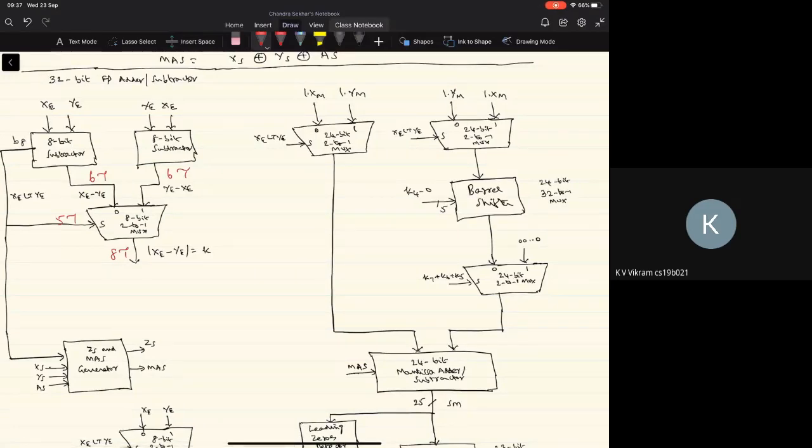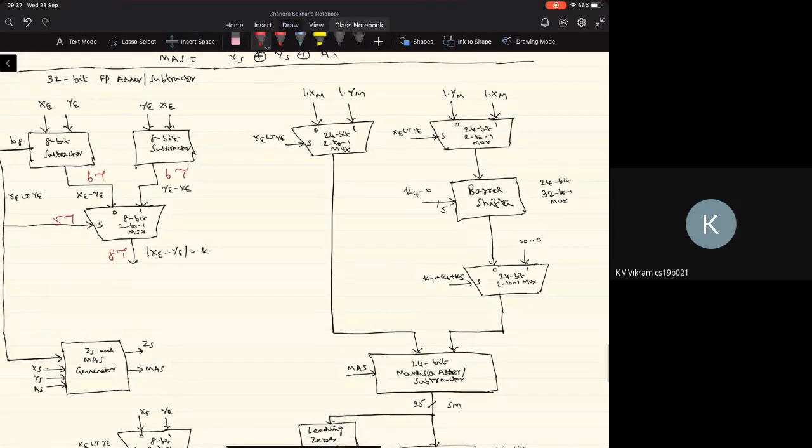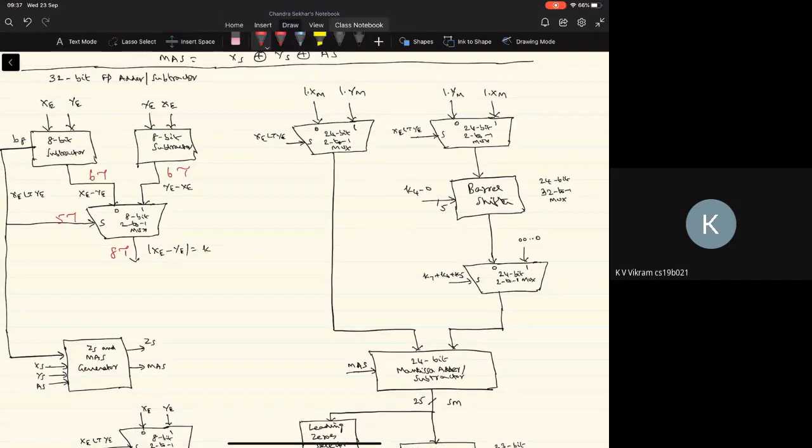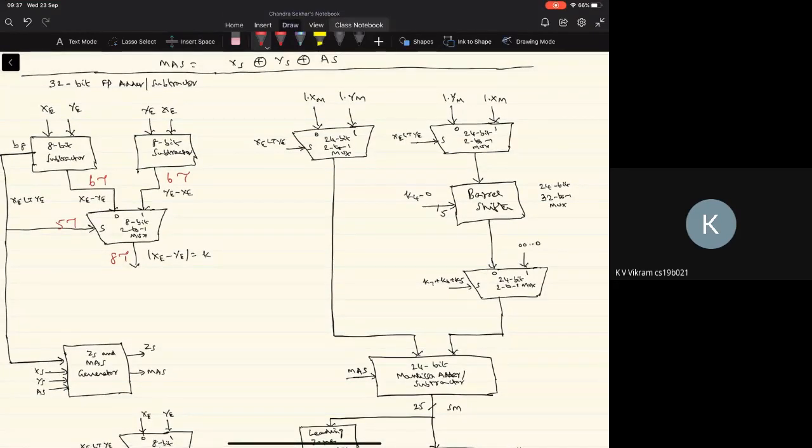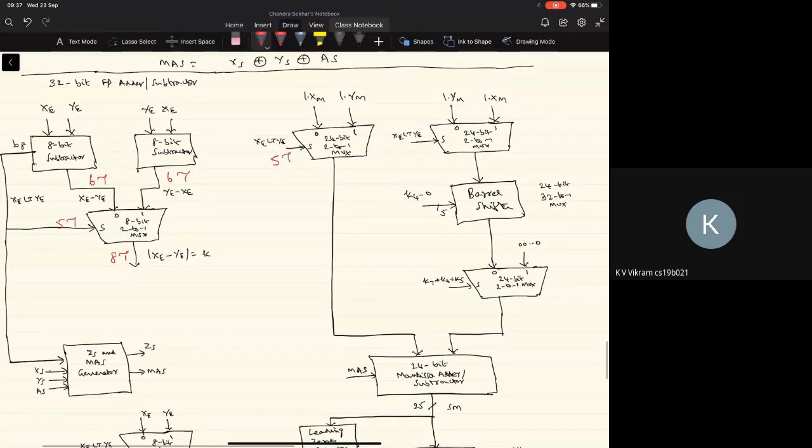So here again, it's a simple 2 to 1 multiplexer. When are the inputs available here to the multiplexer? The mantissas are available at 0 tau, but this XE less than YE is available at only 5 tau. So the output of this multiplexer will be available at 7 tau because the delay of the multiplexer is 2 tau. And this multiplexer output is also available at 7 tau.